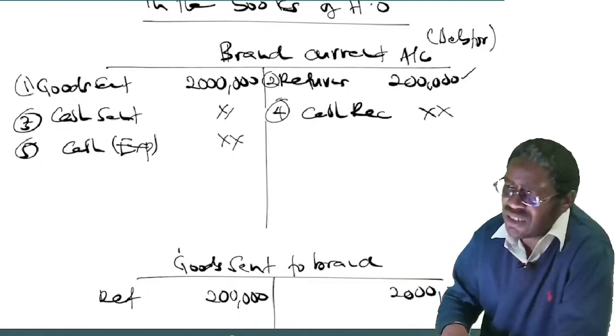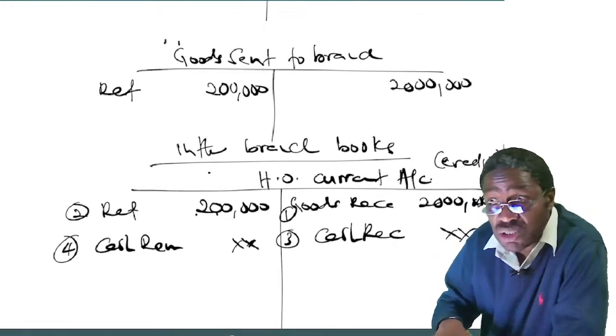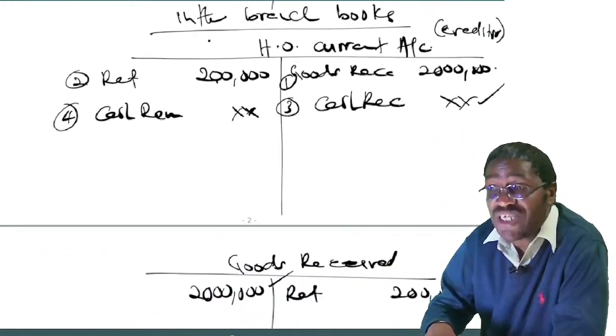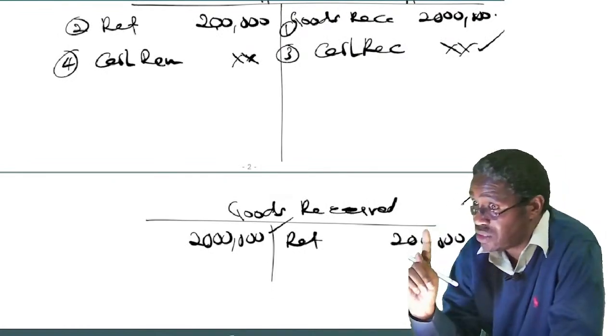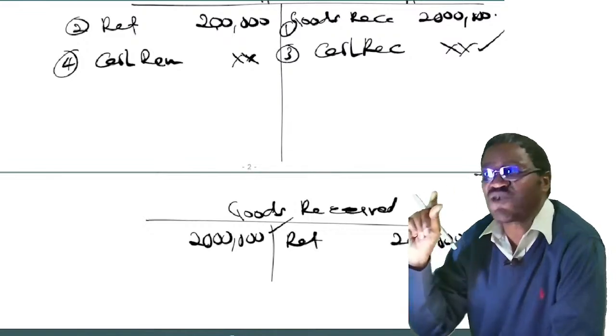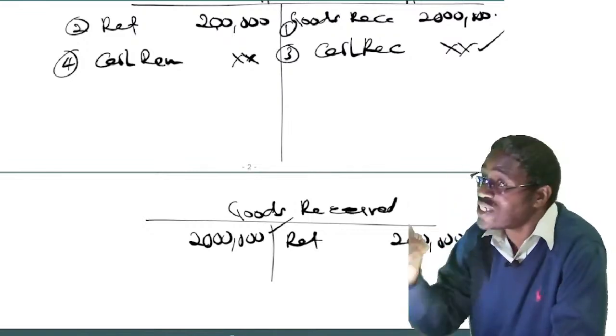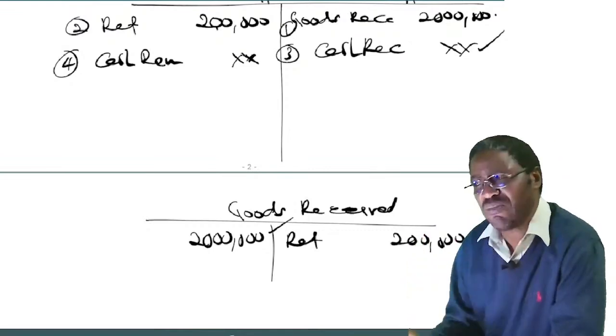On the other hand, remember, that's an expense of the branch. So it is the branch to recognize it as their own expense. At the same time, the branch will have to increase also what they owe you, because you paid on their behalf.